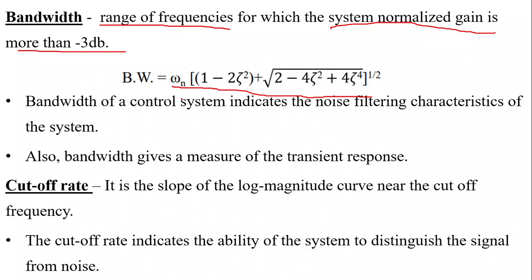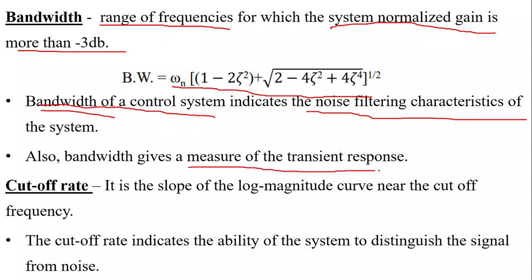The bandwidth of the control system indicates the noise filtering characteristics of the system. This bandwidth also gives a measure of the transient response.